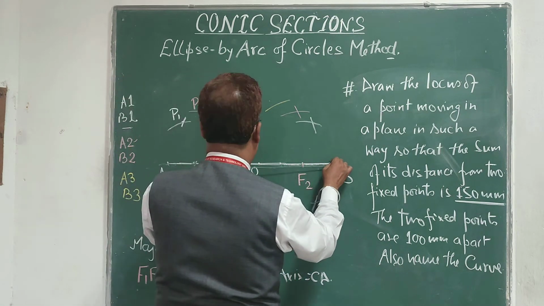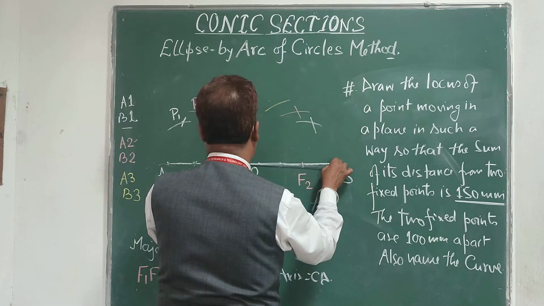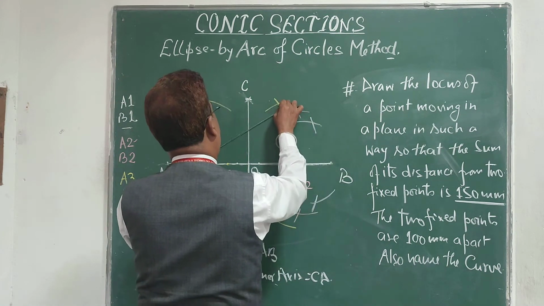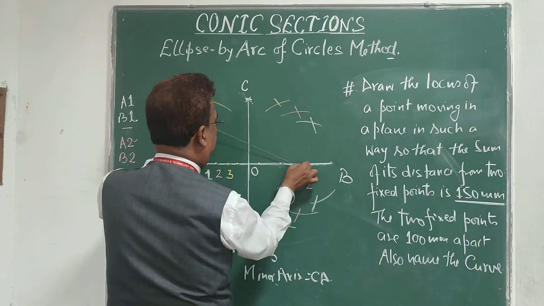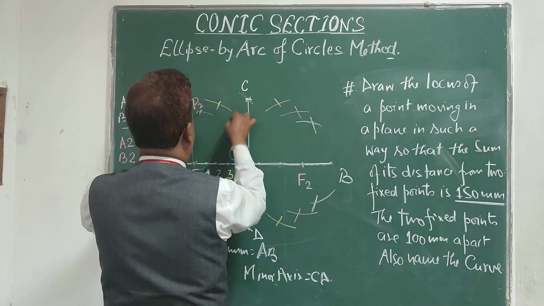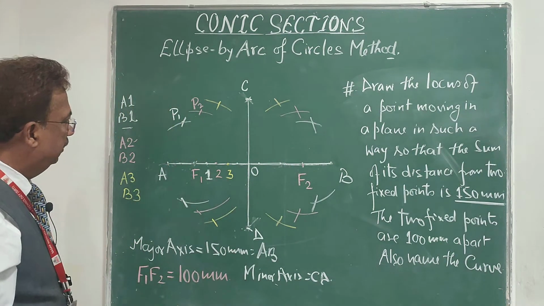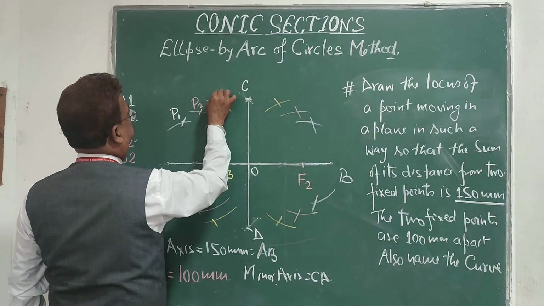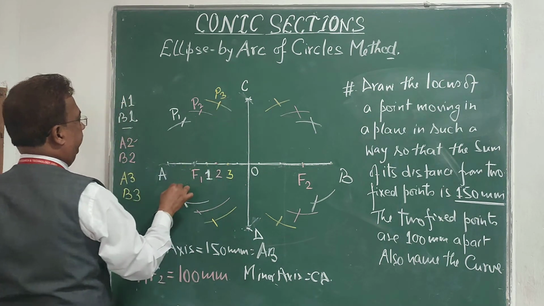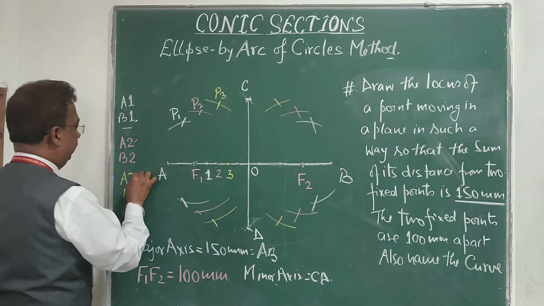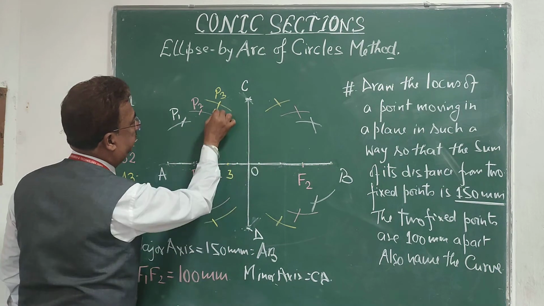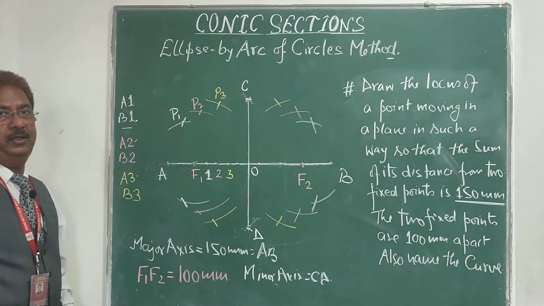Second time the length will be B3. Take B3 from F1, cut on the right side, from F2 cut on the left side. So if that is a point P3, its distance from F1 will be A3 and from F2 will be B3, so that is one of the points on the curve.